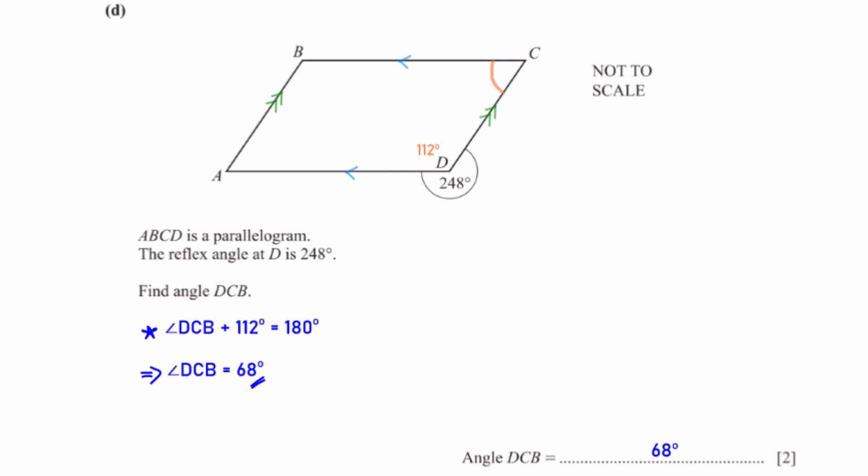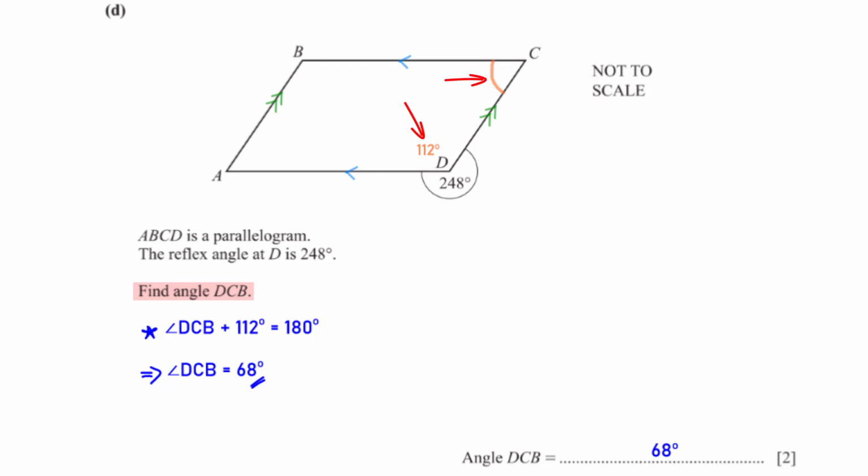ABCD is a parallelogram. The reflex angle at D is 248 degrees. Find angle DCB. The sum of the angles at a point add up to 360 degrees. So to get angle ADC, we subtract 248 from 360, which gives us 112.